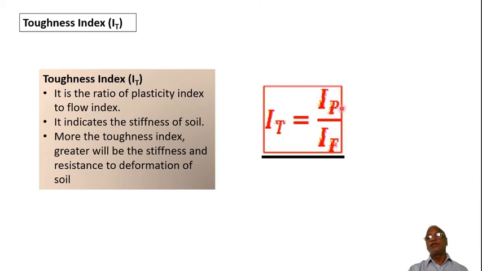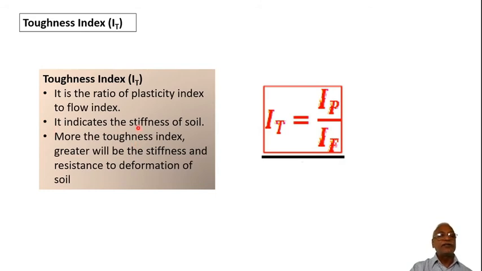You know, plasticity index is nothing but WL minus WP. In all other indices, this used to go in the denominator, but it is coming in the numerator when it is a definition of toughness index. So IP divided by IF we have already just now defined.